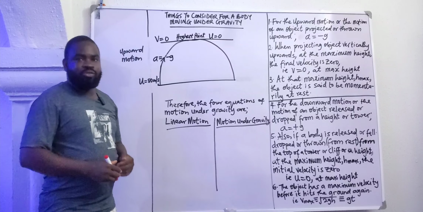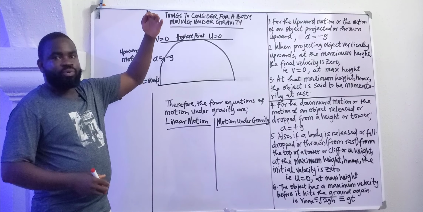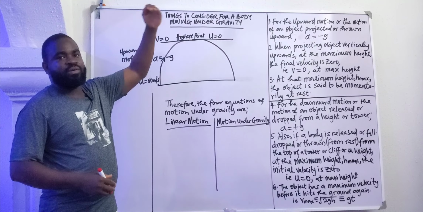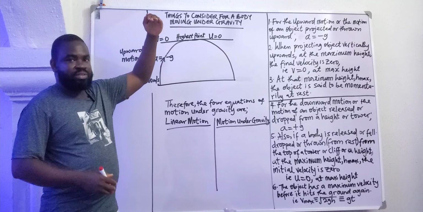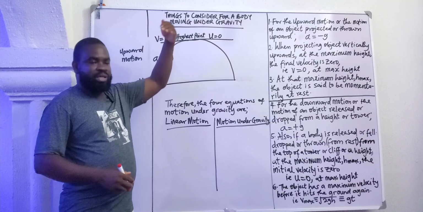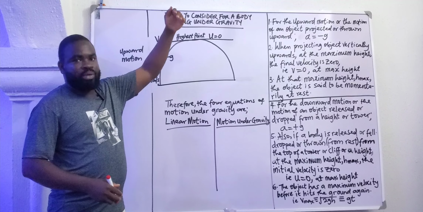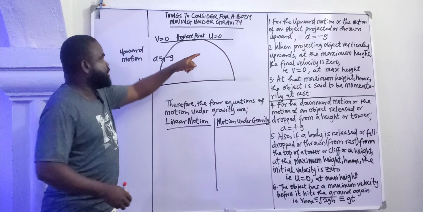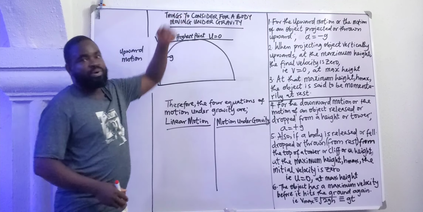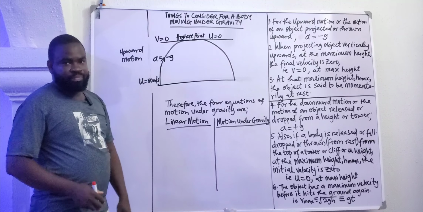That we can liken to a mango fruit that is suspended on the tree. It's at rest. So when it is ripened, it falls. So it is falling from that height and is falling from rest. So the initial velocity at the maximum height is 0.